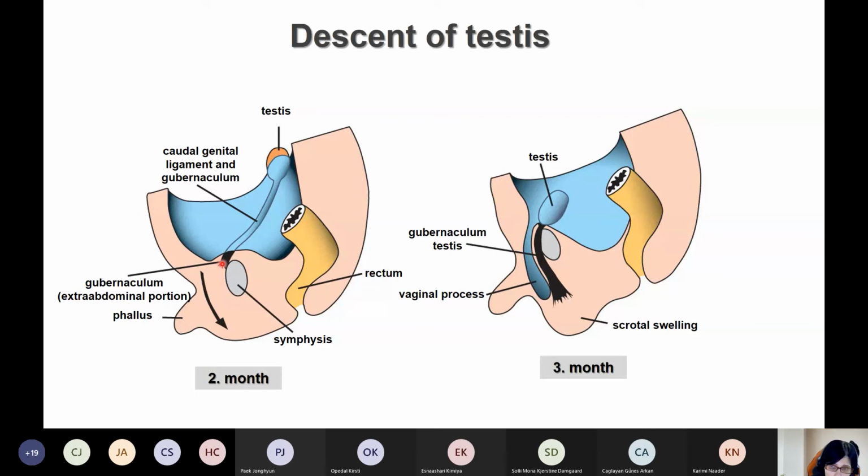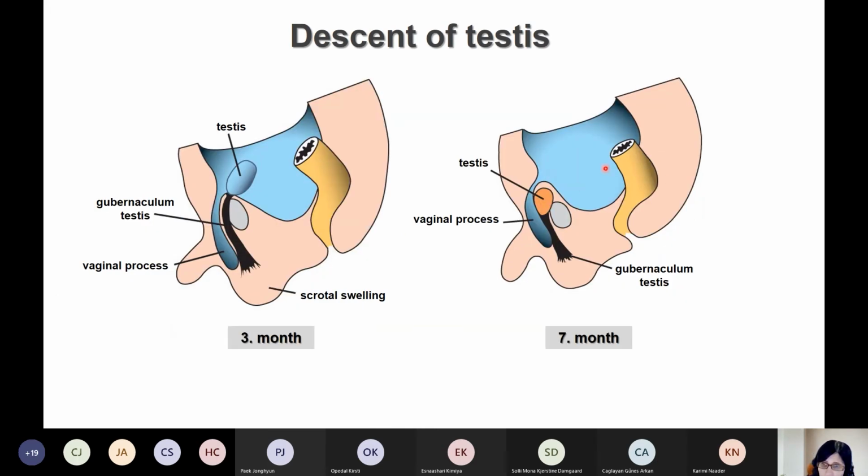We find this lower part, and then it starts its descent. In case of the 12th week, it's already close to the entrance, and of course during the 7th month it starts its descent through the layers of the abdominal wall.